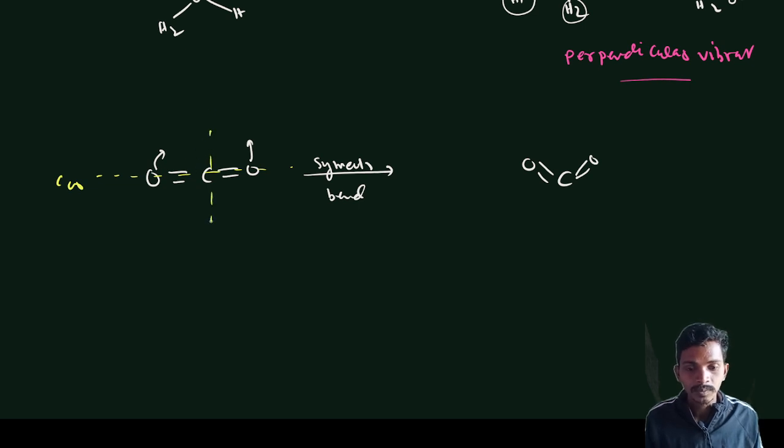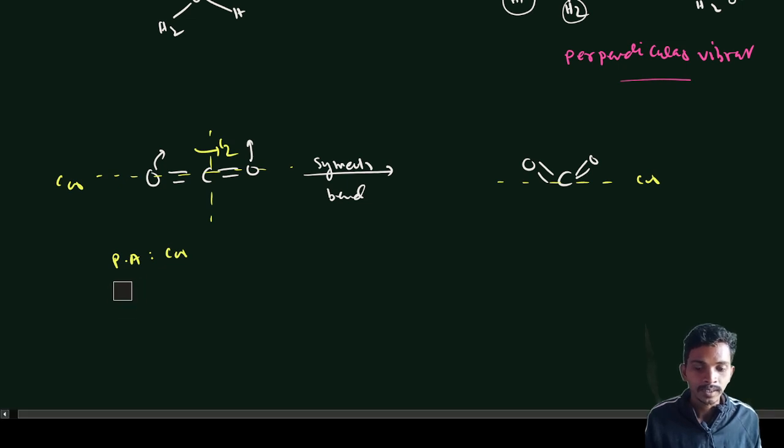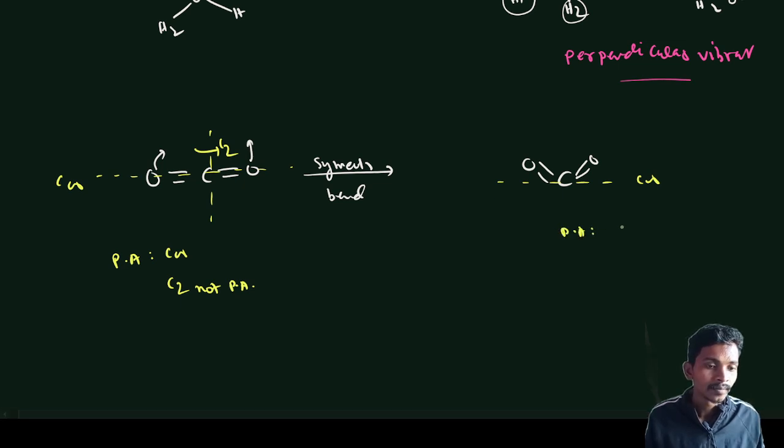Here C2 is also present, but the principal axis C infinity is not there. C2 is present, but C2 is not the principal axis. So here the principal axis C infinity is absent.